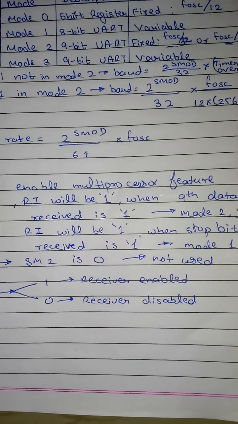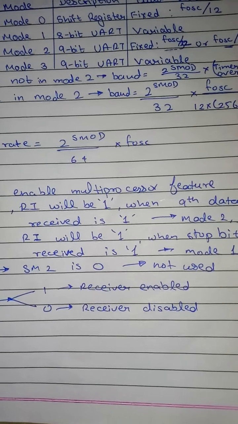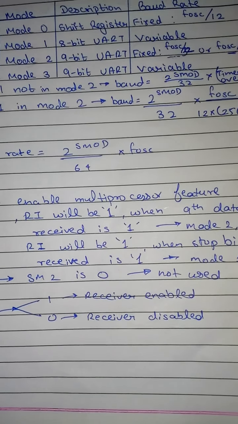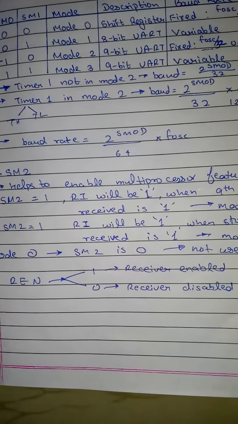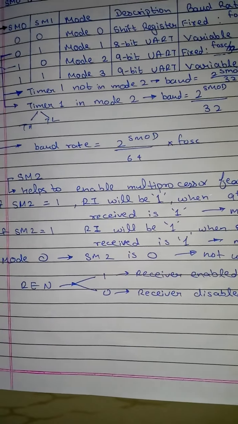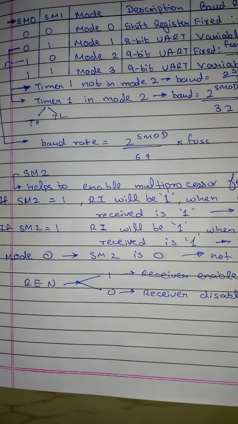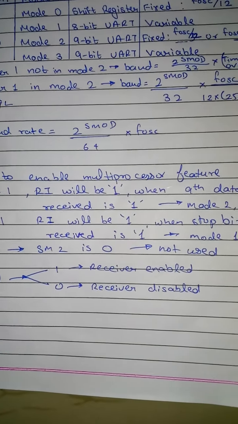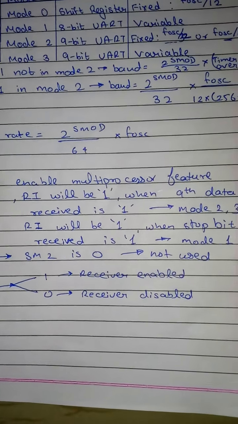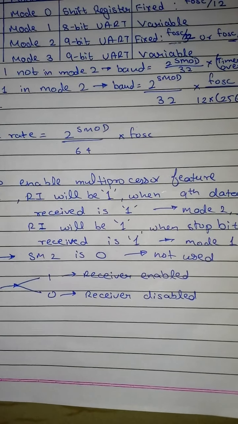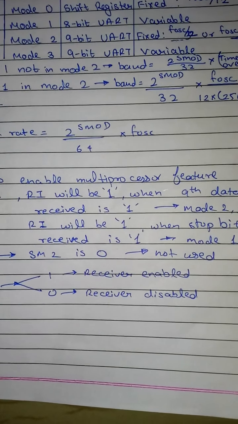Then we have TB8 and RB8. TB8, in mode 2 and mode 3, holds the 9th programmable bit to be transmitted. TB8 and RB8 are both used only in mode 2 and mode 3, though RB8 is also used in mode 1.